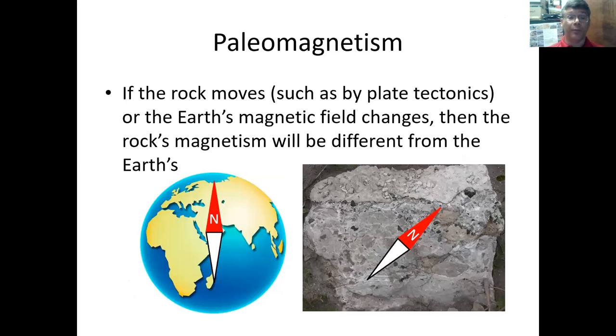Now, if our rock moves, say plate tectonics works, or if there's a change in Earth's magnetic field, then the rock magnetism will no longer line up with the Earth.